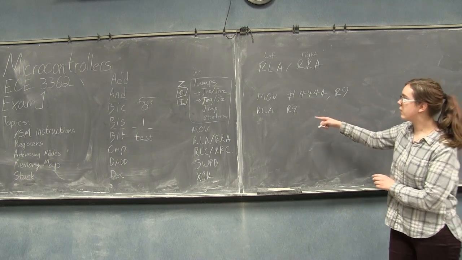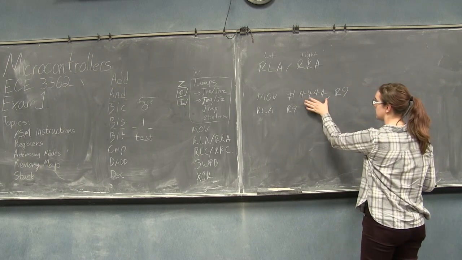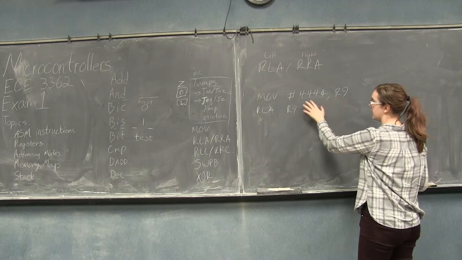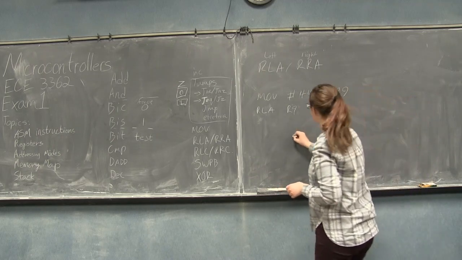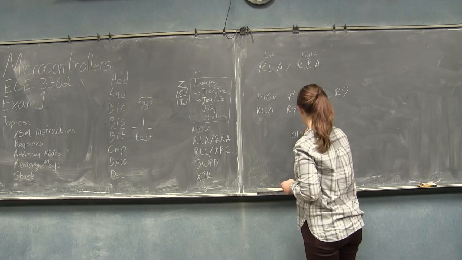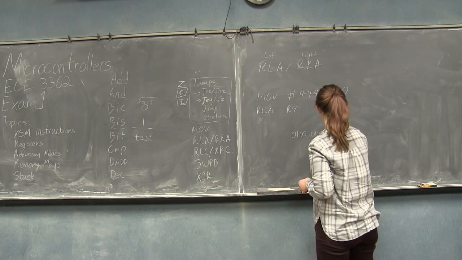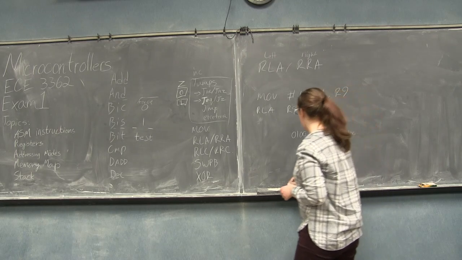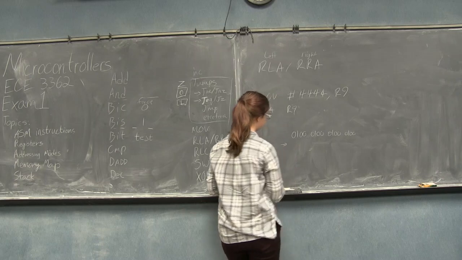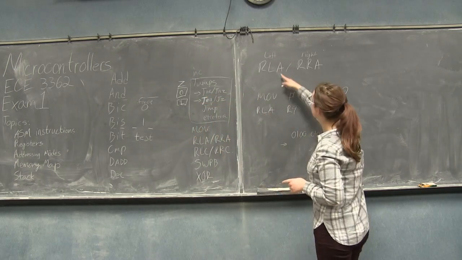So how you solve for the rotates is you convert this number that's in R9 into binary so that it's easier. And you shift right and pad with the zeros.